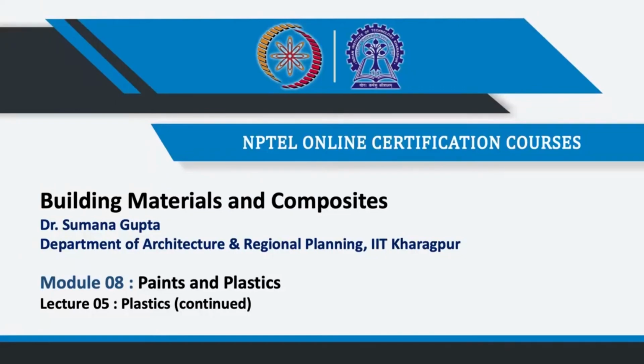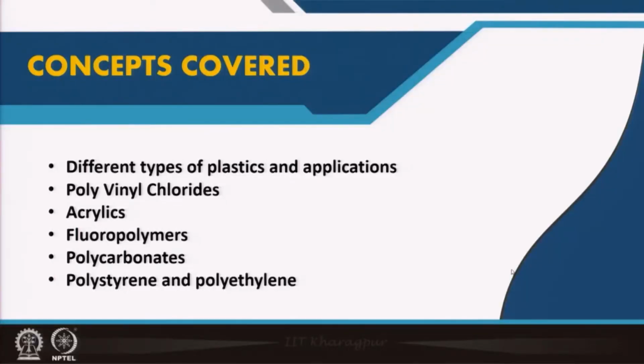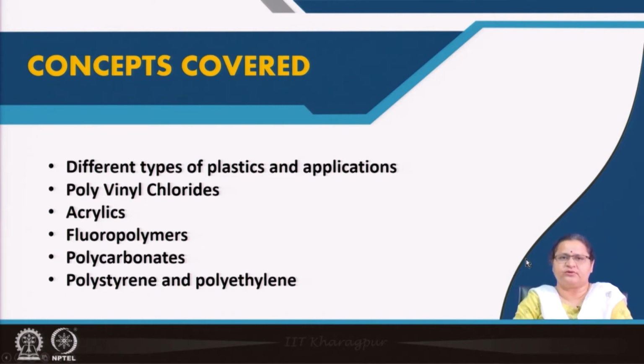Now, we will enter into the different types of plastics, not the types based on thermosets and thermoplasts, but further down within the thermosets, within the thermoplasts, within the elastomers, which is the rubber part, which we did not cover in the previous lecture. We will just mention those considering its application in the building industry.